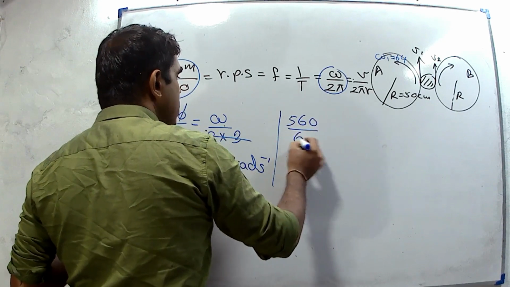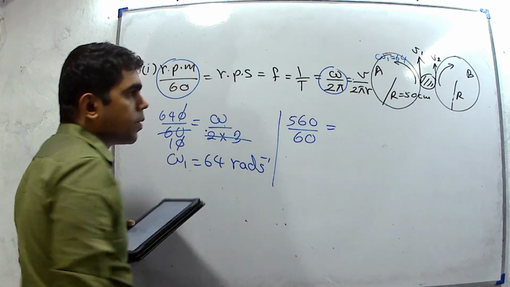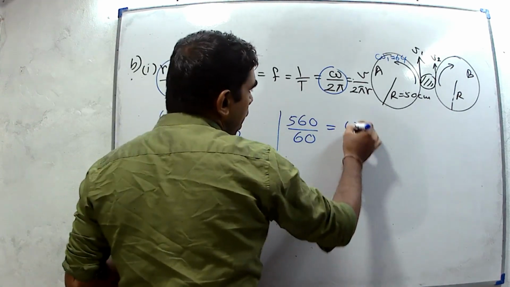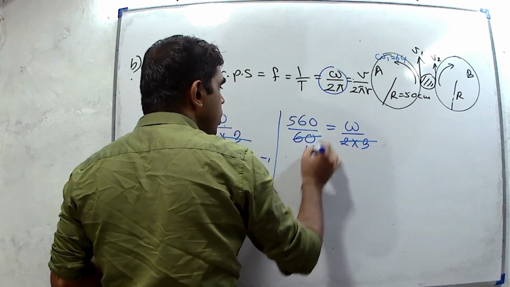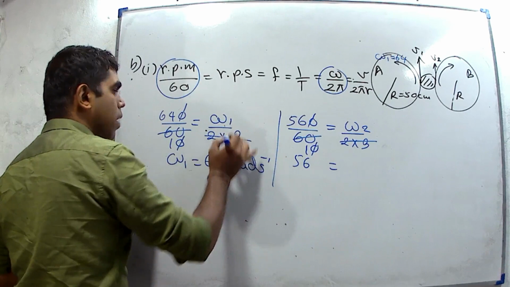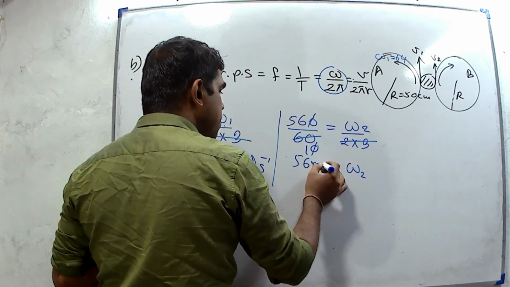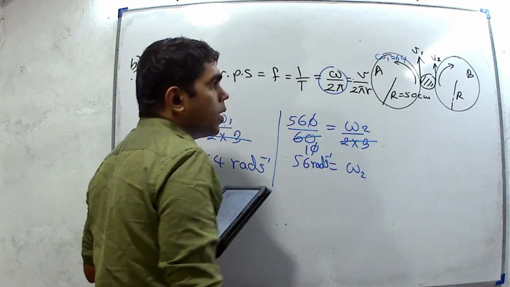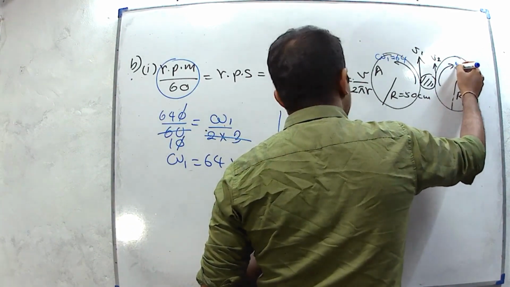We have to divide by 60. RPM divided by 60 equals omega over 2 pi. 2 pi value is 6. Again we can cancel out. This one is omega 2. This one is omega 1. Omega 2 is 56 radians per second. Our angular velocity for B is 56.